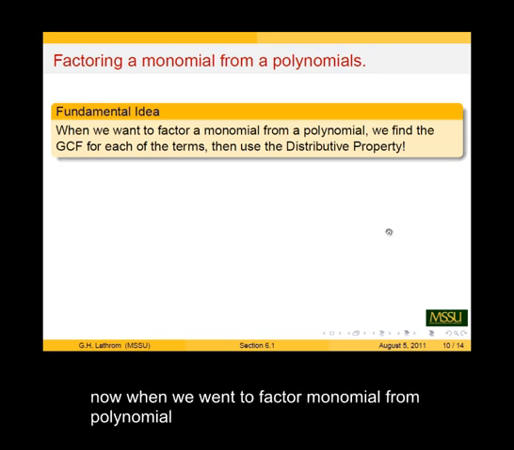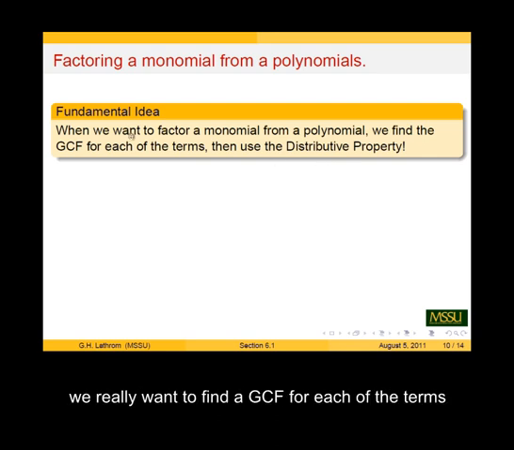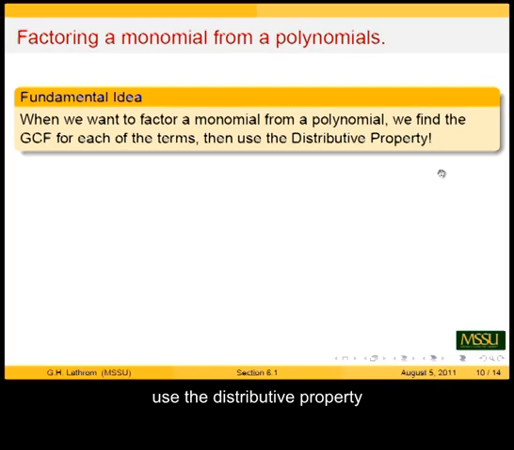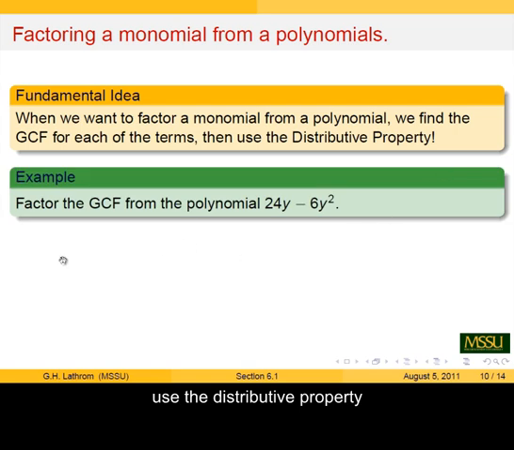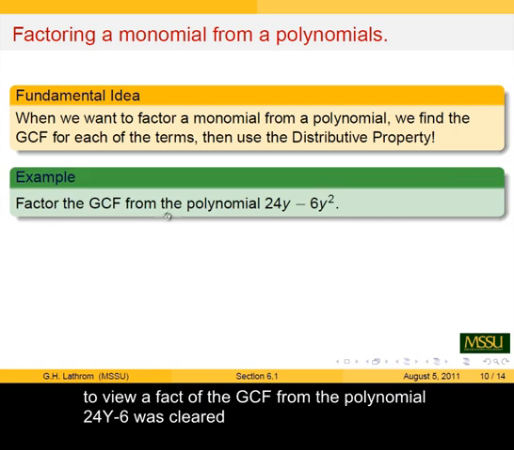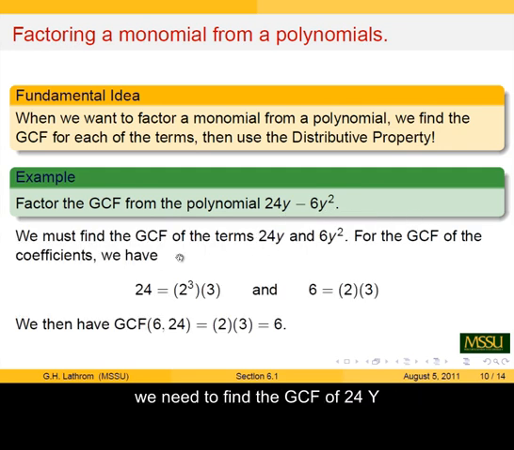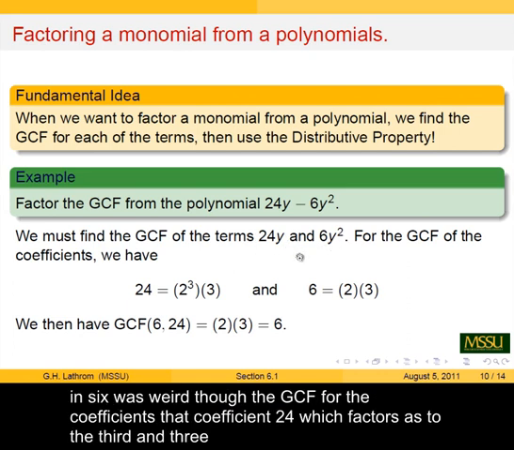Now when we want to factor a monomial from a polynomial, we really want to find the GCF for each of the terms in the polynomial and then use the distributive property. So if we want to factor the GCF from the polynomial 24y minus 6y squared, we need to find the GCF of 24y and 6y squared.